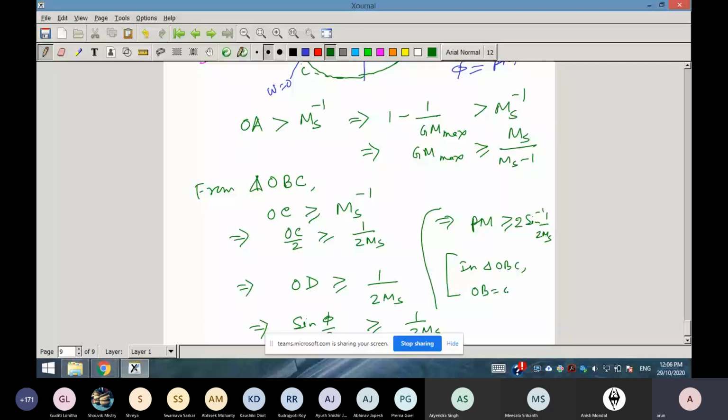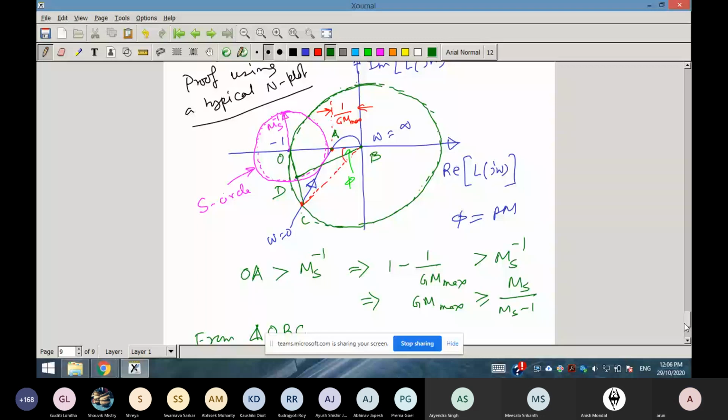Okay. So then your sine of phi by 2, that means this angle will be phi by 2. So sine of phi by 2 will be OD divided by OB. Since OB equal to 1, OD will be equal to sine of phi by 2. That's why I have written this one.